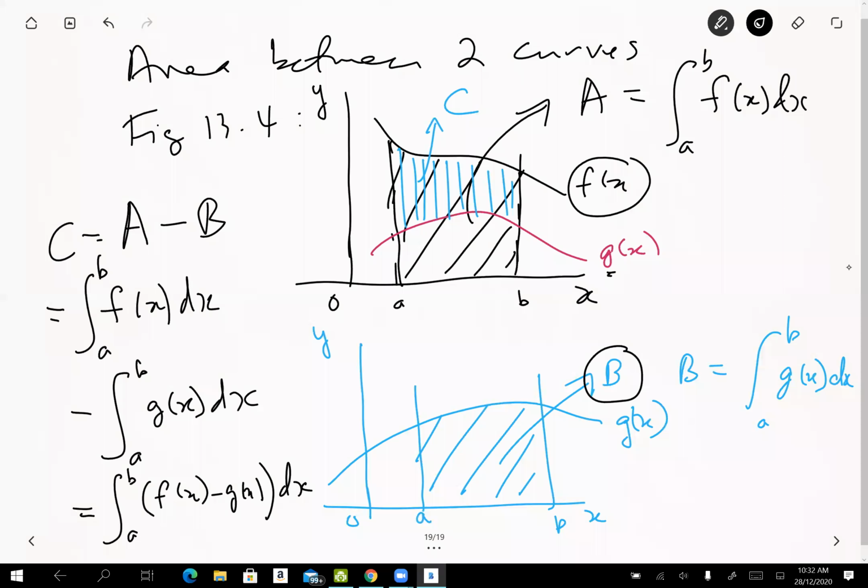Of course, you can do the integration here, or you can do it there. You make use of the rule: the difference of two integrals will be equal to the integral of the difference. Now, any question about this?